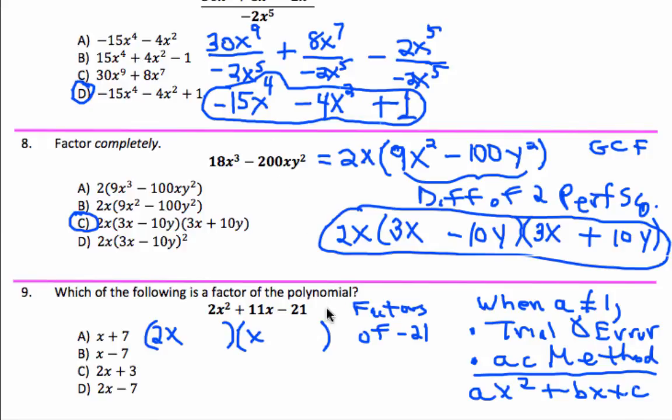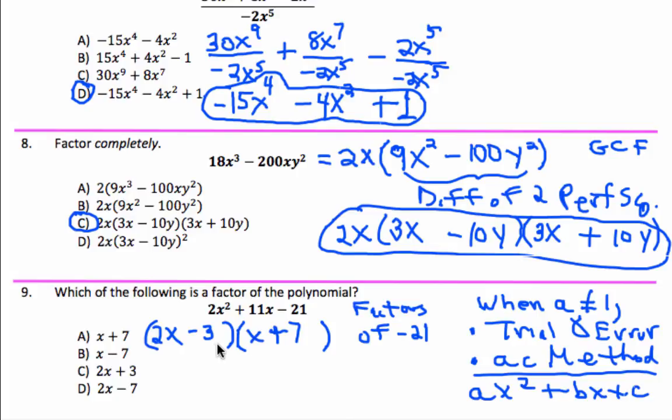So they're saying we have a factor of x plus 7. Now if that's correct, then we're going to have to put a number over here such that when multiplied by positive 7 gives me negative 21, so that would be negative 3. So we know the x's come out right, the 2x squared. We know the negative 21 is right. So we have to check the x's now.